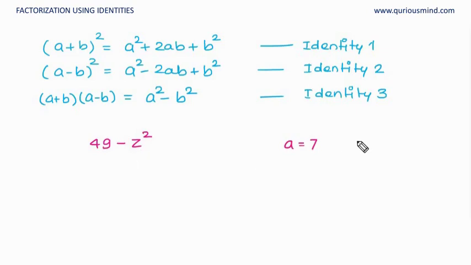And second, if b is equal to z, then my second term is z square. So this would be now (a + b), (7 + z), multiplied by (a - b), (7 - z), using identity 3.